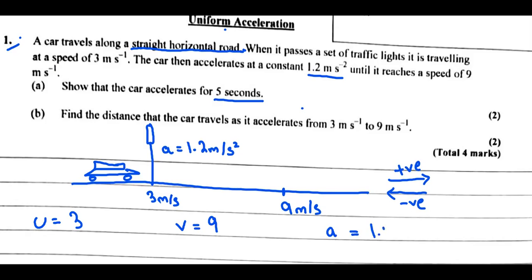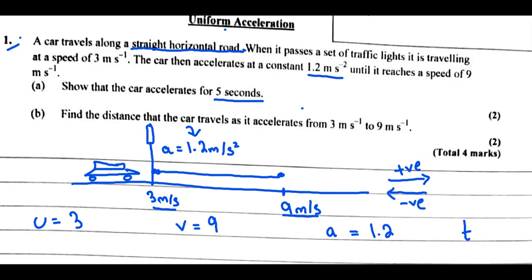Acceleration is 1.2 meter per second square, right? So we have these three things, and we need to find the time. What time exactly? The time which the car is taking from traveling from this point to this point, right? From 3 meter per second to 9 meter per second using this acceleration.